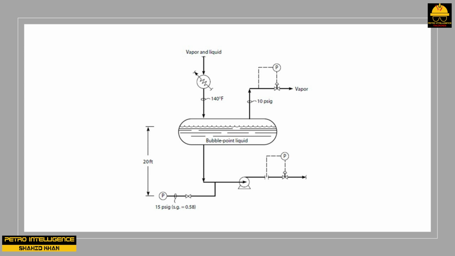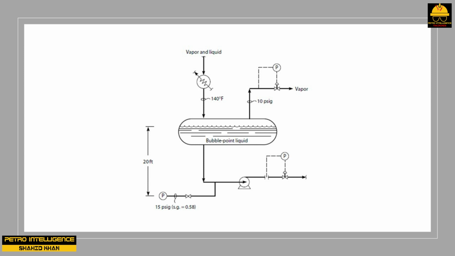The physical pressure at the suction of the pump is measured at 29.7 psia, 15 psig plus 14.7 psia of atmospheric pressure. Then the physical pressure at the suction of the pump of 29.7 psia minus the vapor pressure of the liquid at the suction of the pump of 24.7 psia is 5 psia.